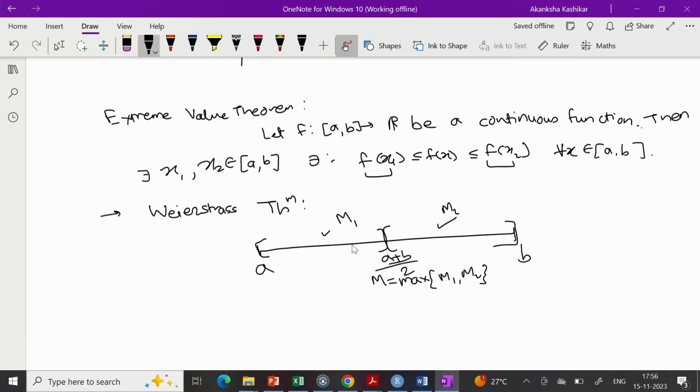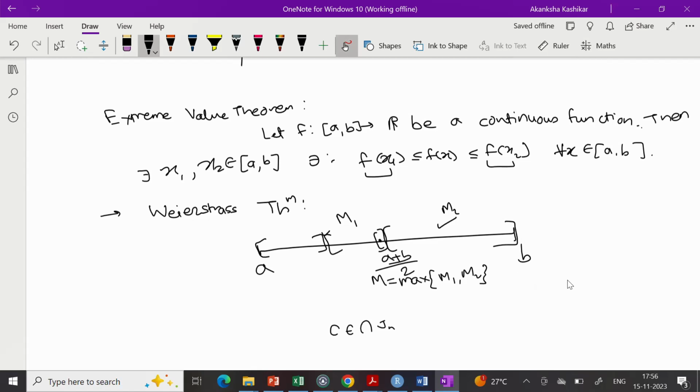Okay, then we will further divide this, and we'll keep on doing this until finally we have reached a point where there is a unique point in the intersection. So there exists some c which is in the intersection of all these unbounded intervals, and c is a unique point because the interval length is decreasing, right?